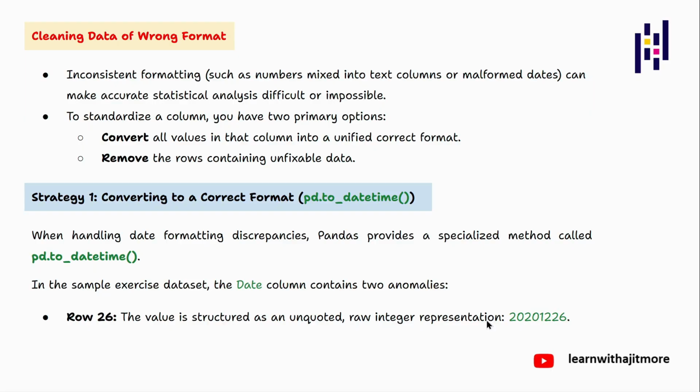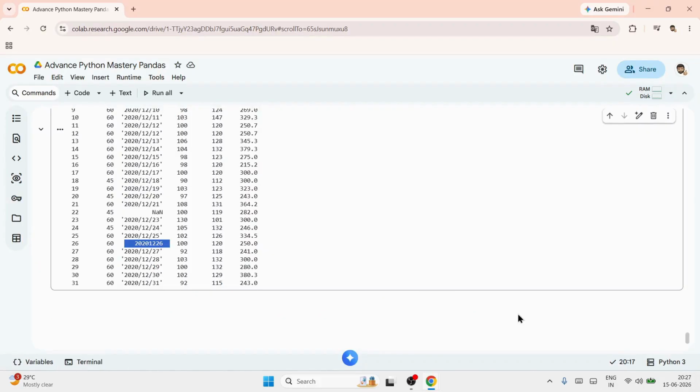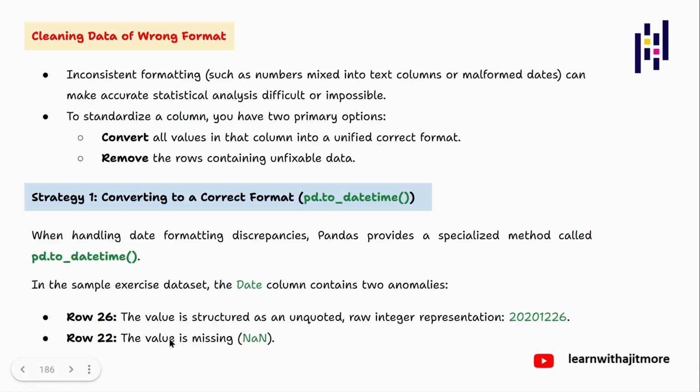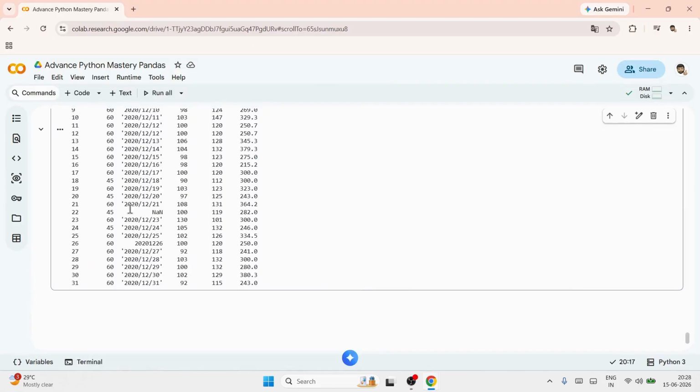Actually, if you check, it is 2022 12 26, the 26th of December 2022. But whoever was entering the data forgot to put a dash and it is treated as one single number. And second, the value is missing, a blank value in row number 22.